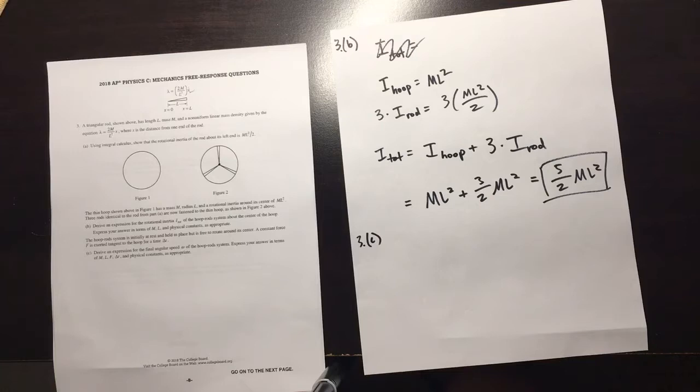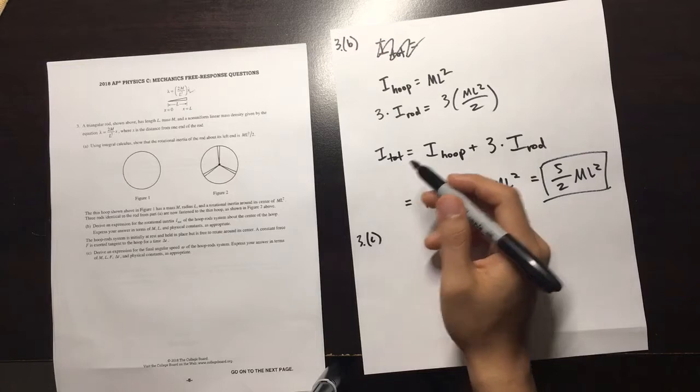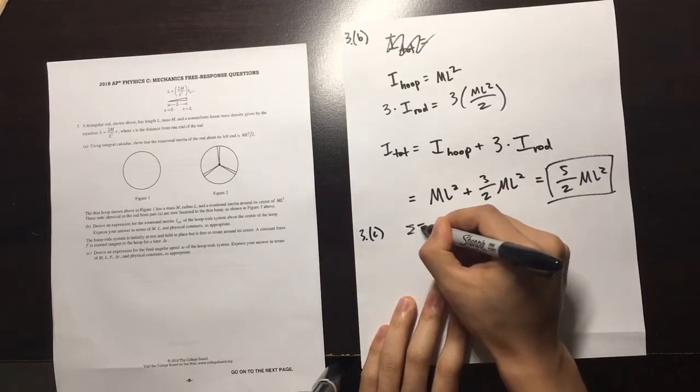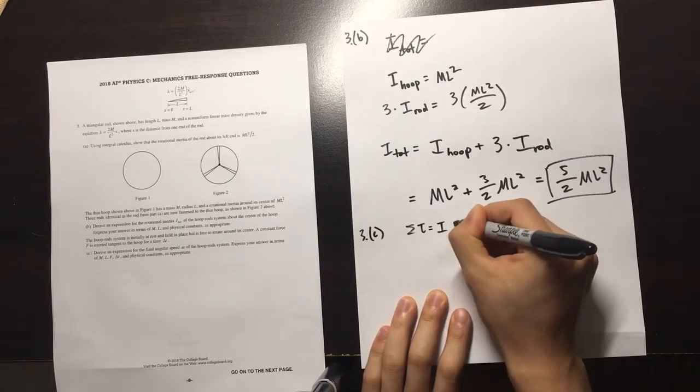I'm gonna think it's a torque equals I times alpha problem. So let me write my net torque equals I times alpha relation.